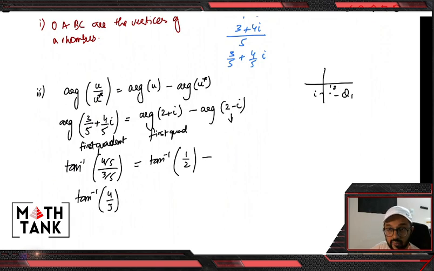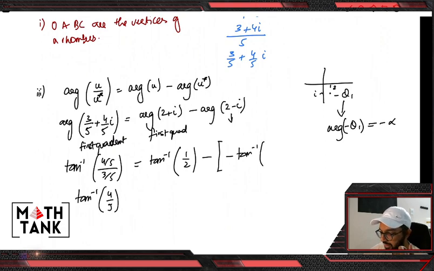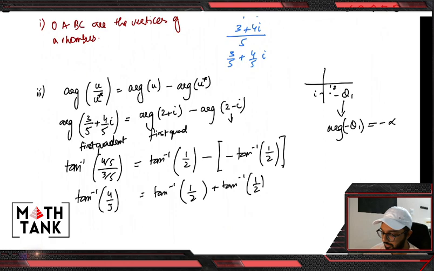For negative quadrant 1, the argument is always minus alpha. So this is basically minus tan inverse of 1 over 2. You ignore the signs when you're calculating alpha like you did in trigonometry. So that gives me tan inverse of half plus tan inverse of half, so that gives me 2 tan inverse of half.